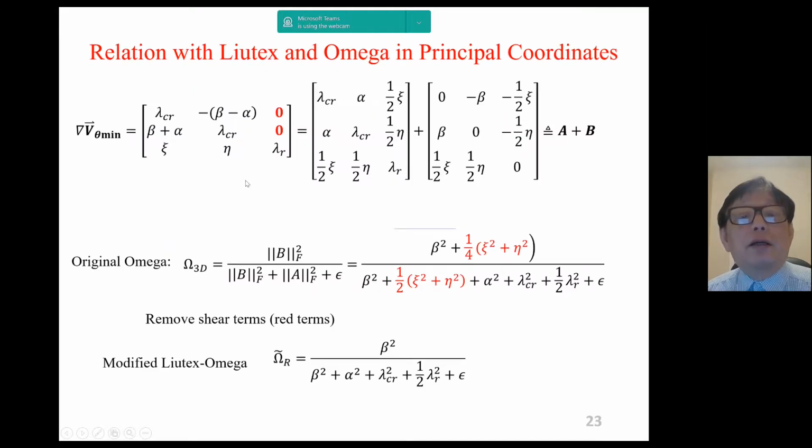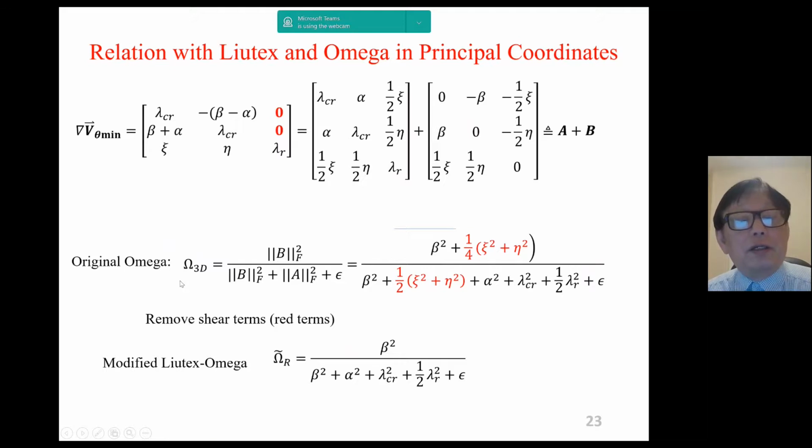How to do that? Well, this is the Cauchy-Stokes decomposition for the principal velocity gradient. So we can do the Cauchy-Stokes.